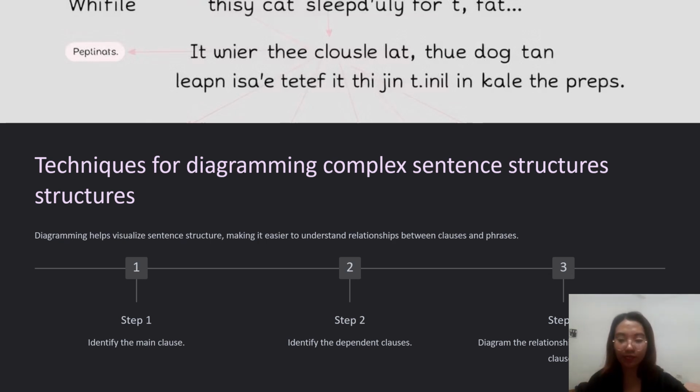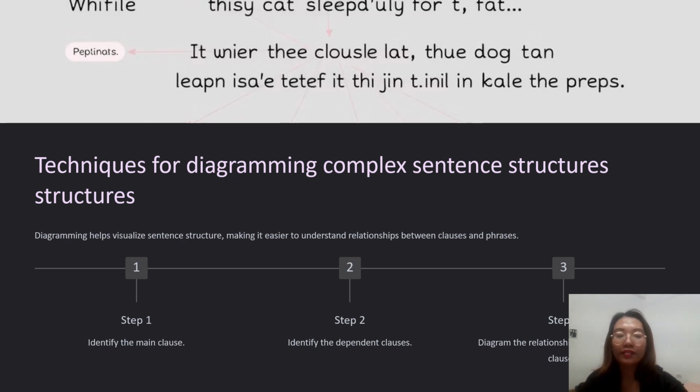One simple example would be, the dog barked because it was scared. Here the dependent clause is "because it was scared". The subject here is "it", and the verb is "was scared".